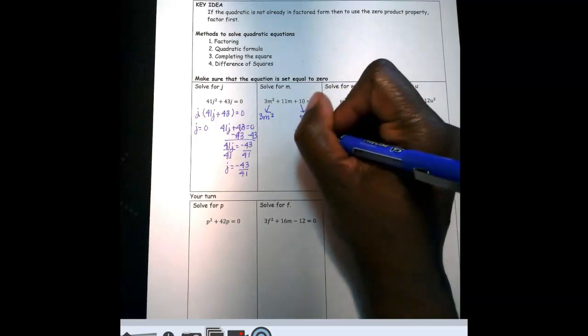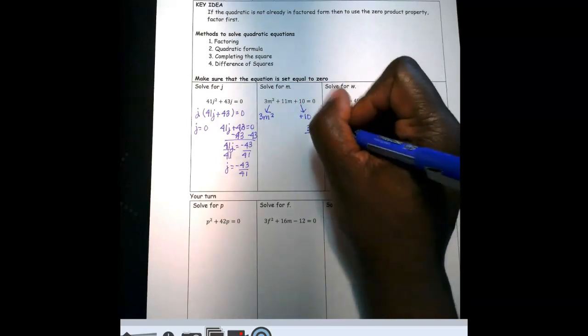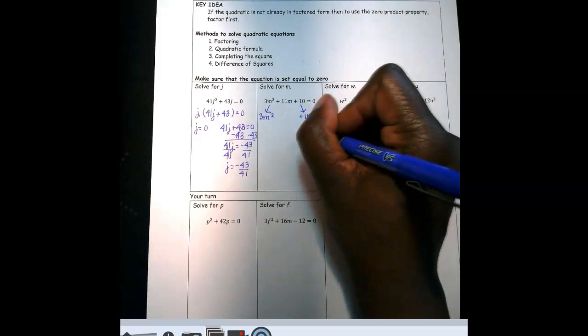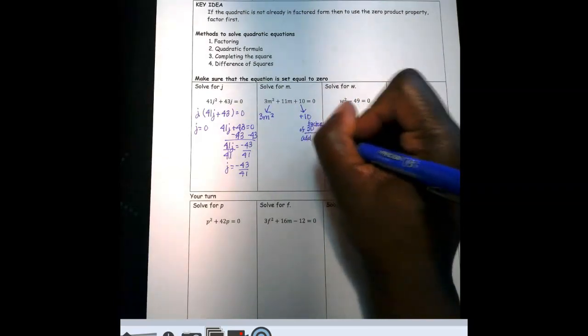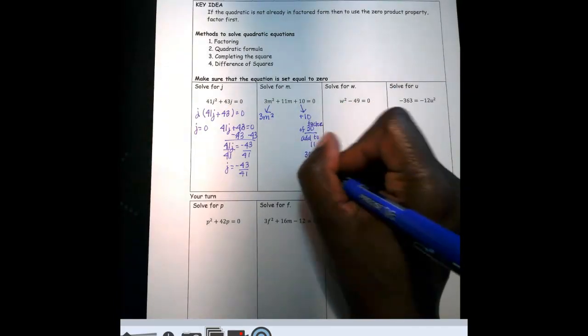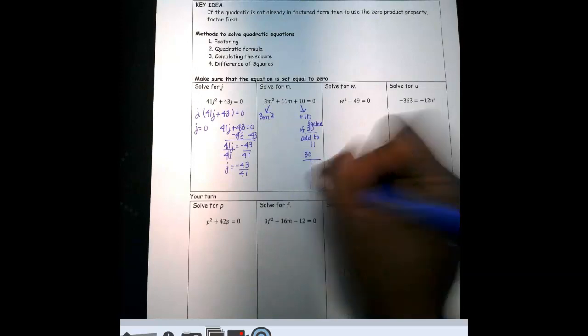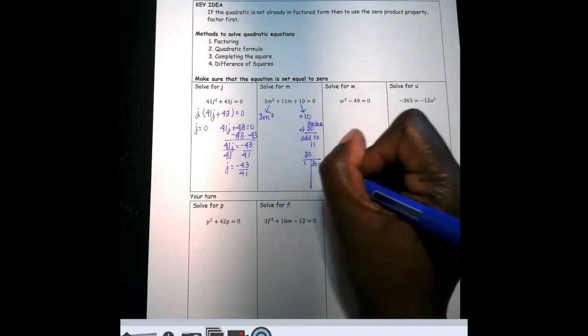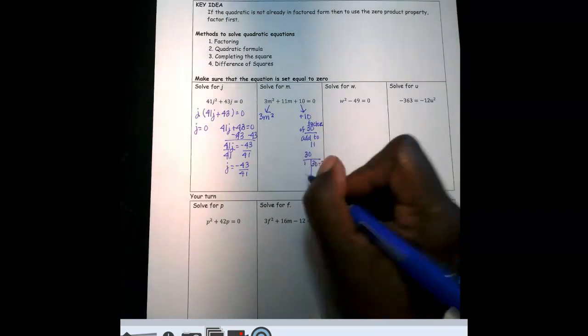So I'm going to write that really small here. Factors of 30 that add to 11. So when I think of the factors of 30, I could do 1 and 30, but that would equal 31 if I added them together.